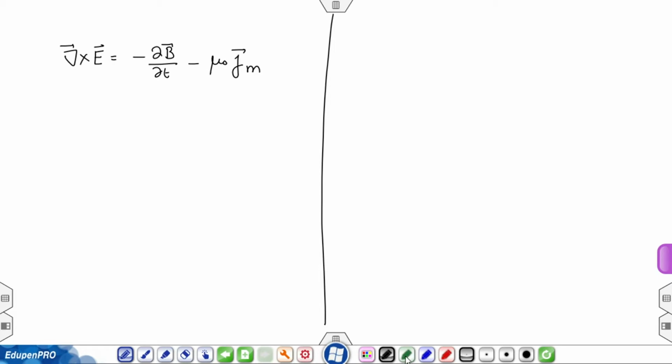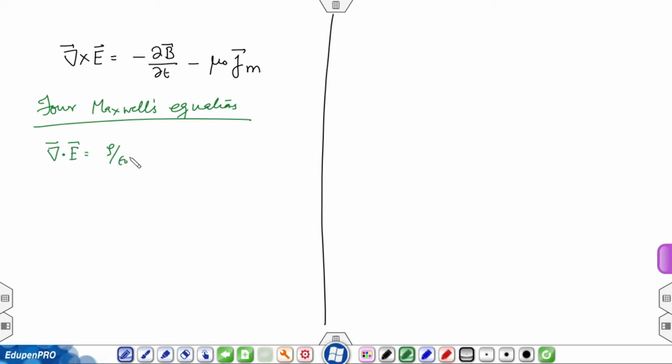So, the 4 Maxwell's equations now are divergence of E equals rho over epsilon 0, curl of E is minus dB dt minus mu 0 j m.